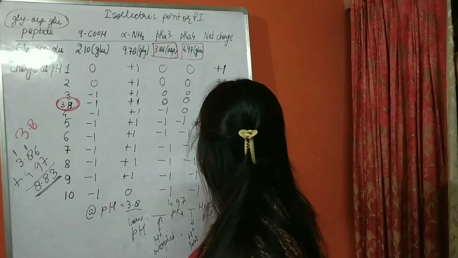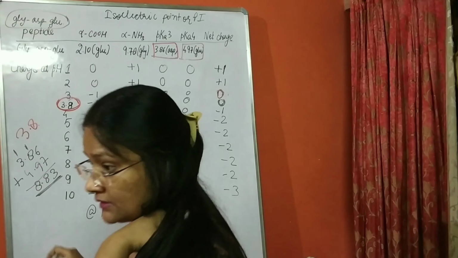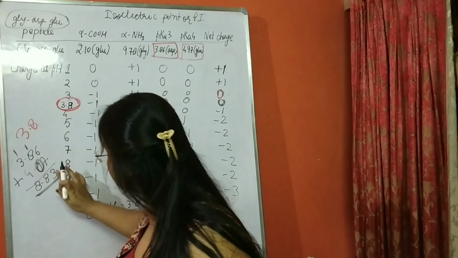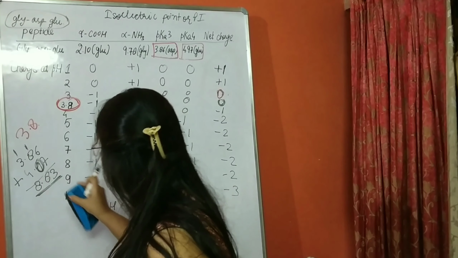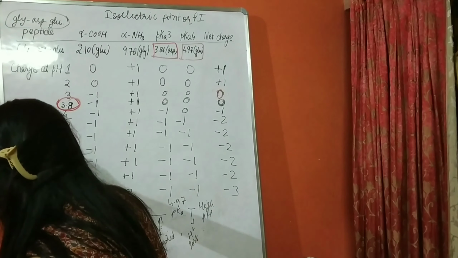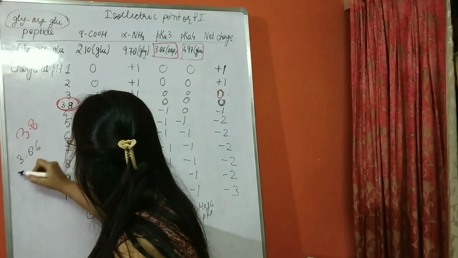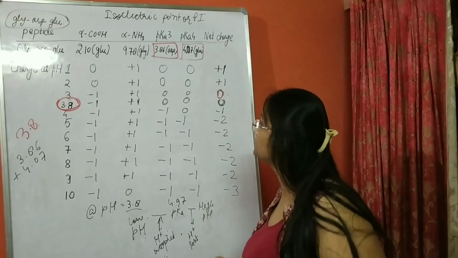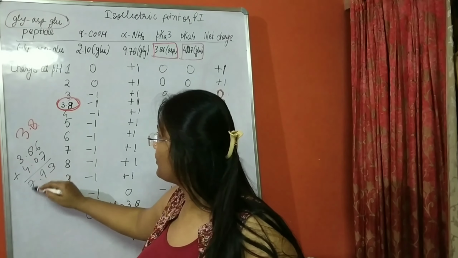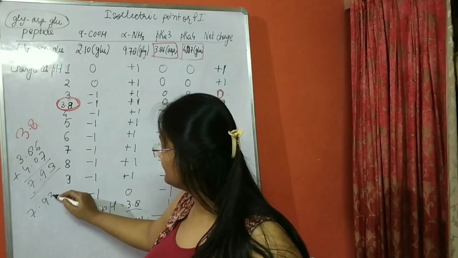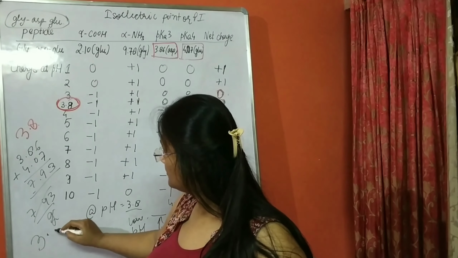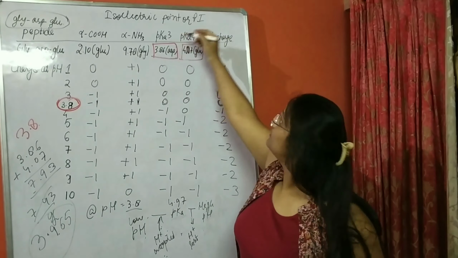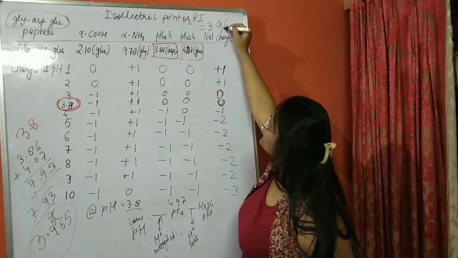So we will take the average, which will be 4.07. Sorry, not 97, it is 8.83. So 8.83 divided by 2 is 4.415. Actually, let me redo this: 3.86 plus 4.97 gives 8.83, and the average gives the isoelectric point of this polypeptide. So the isoelectric point is 3.96. So that is the answer.